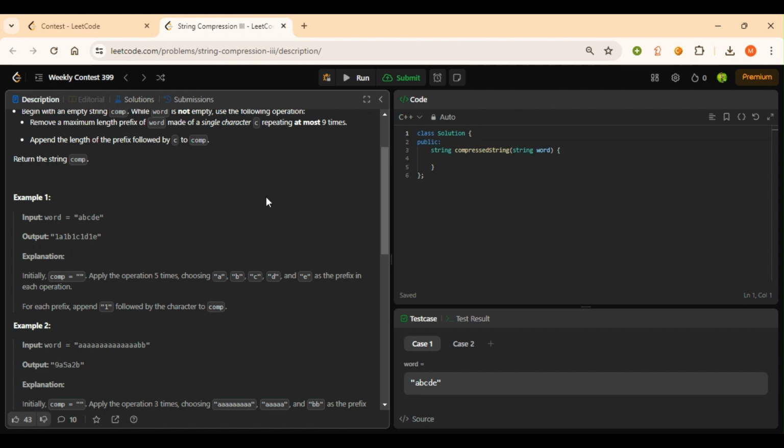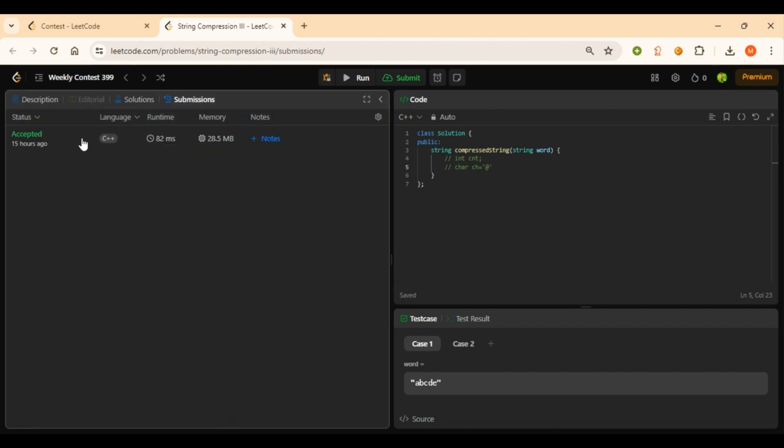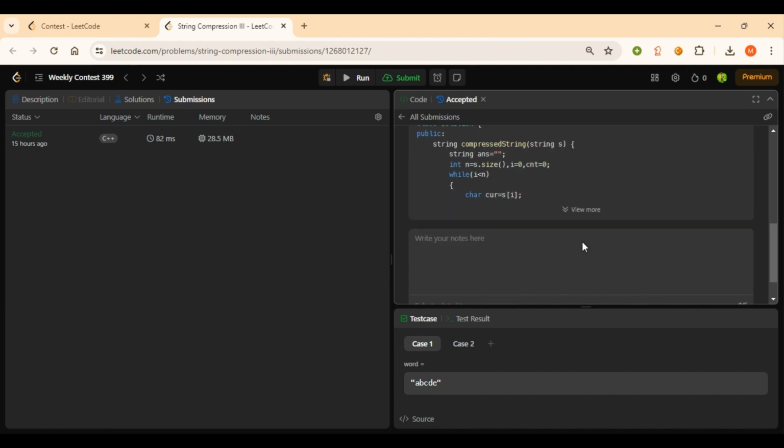So what we can do is take a count variable, and another variable with the character, let's say ch, and assign it some random value which is not present in the string. I am doing so to compare the previous letter with the current letter while iterating the string. Let me show you my solution here.